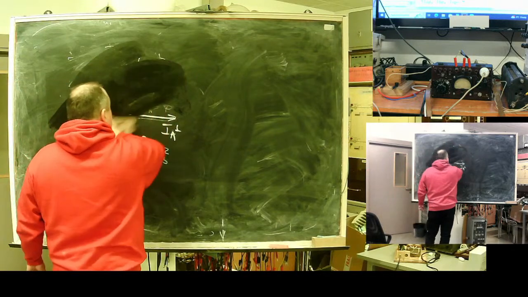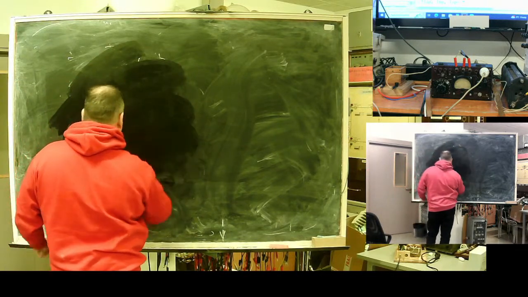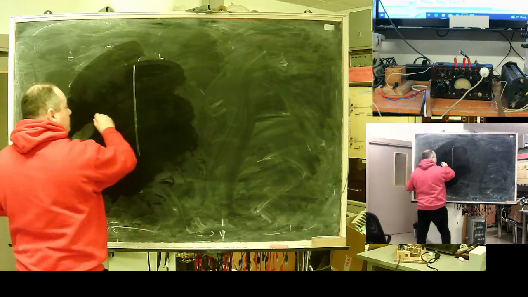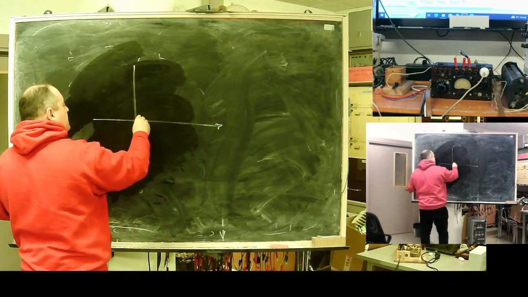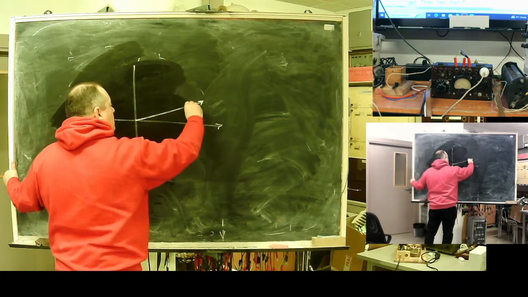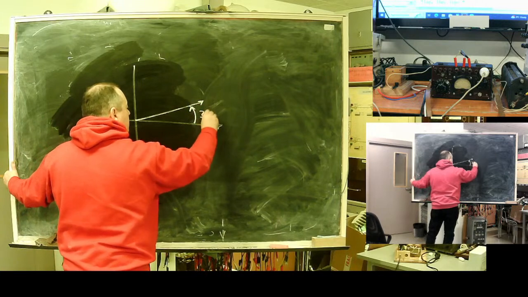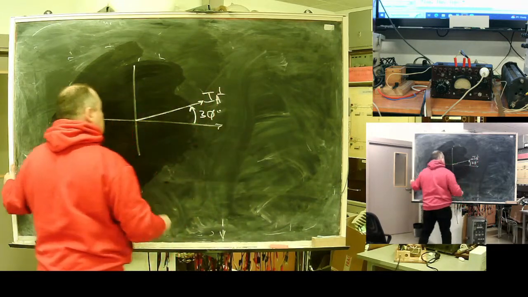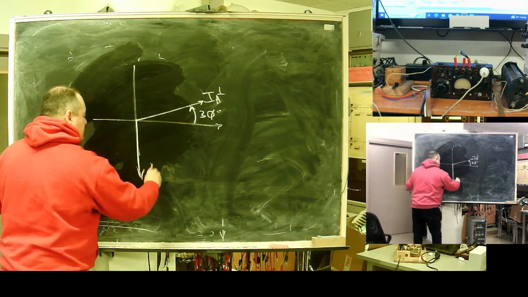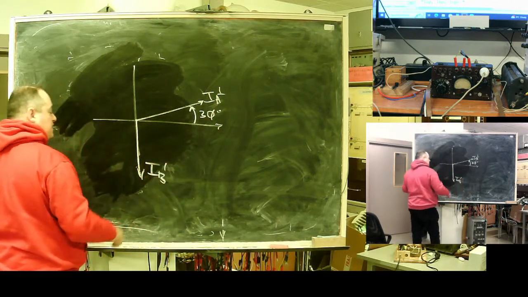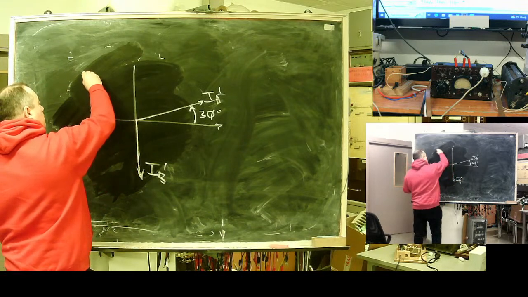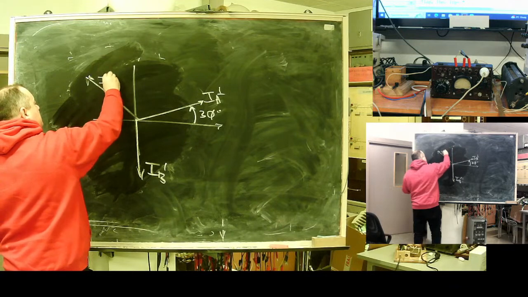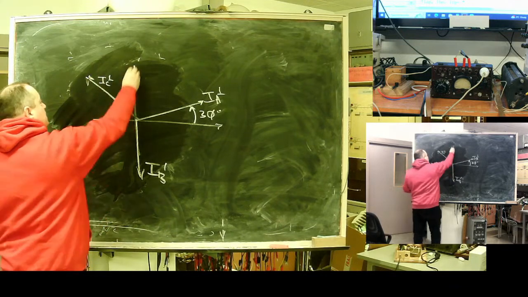I can erase this. What will we see? Direct sequence current rotates forward by 30 degrees. It's direct sequence. So B phase of direct sequence will go down, and here will be the third phase.